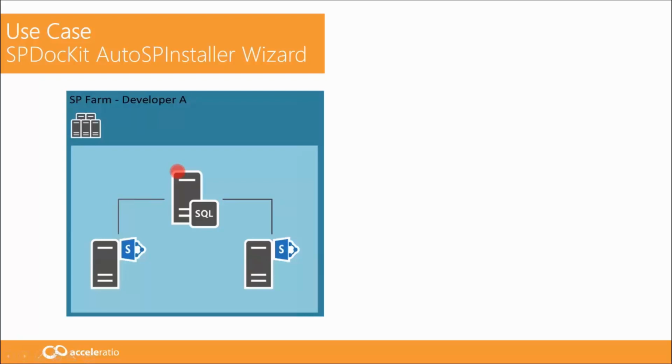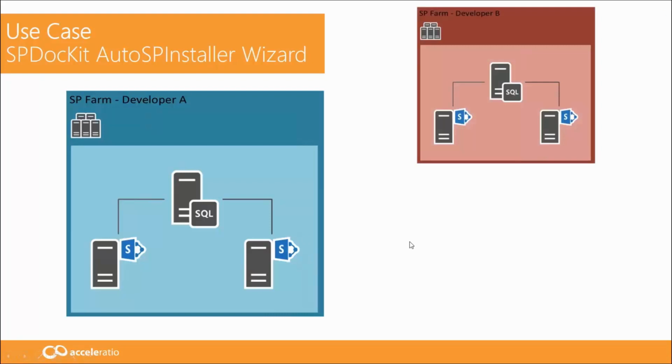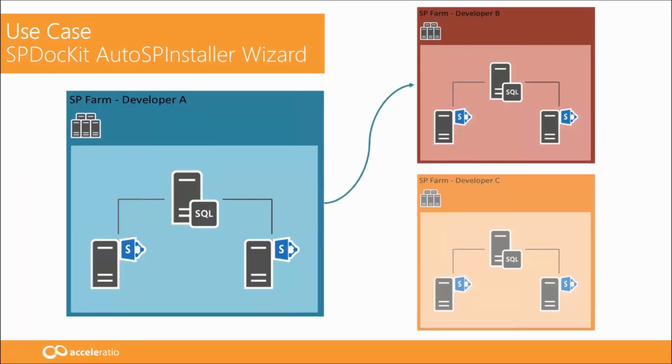And you, as the SharePoint system administrator, are given a task to create another farm with completely the same configuration as the existing A farm. In order to do that, you want to provision two new farms, B farm for developer B, and C farm for developer C.